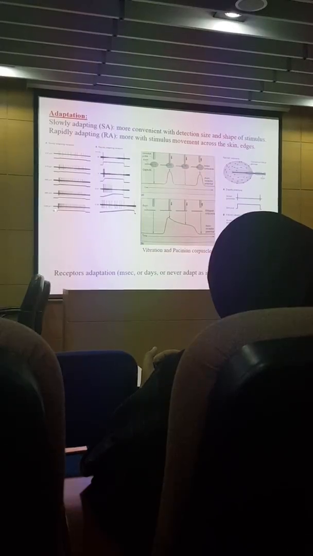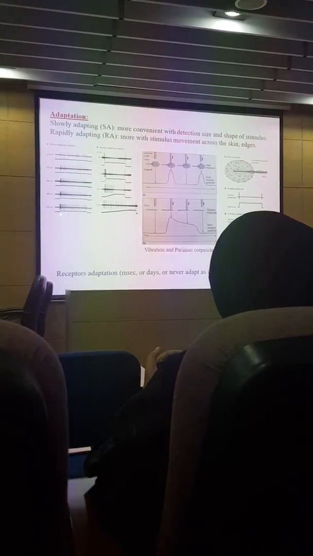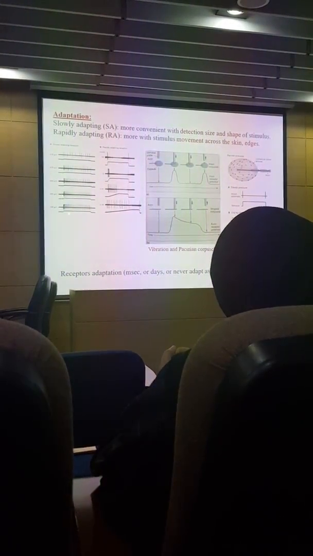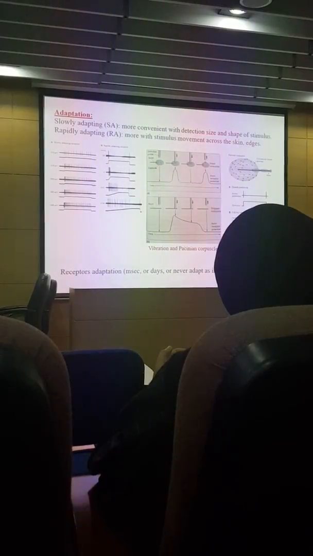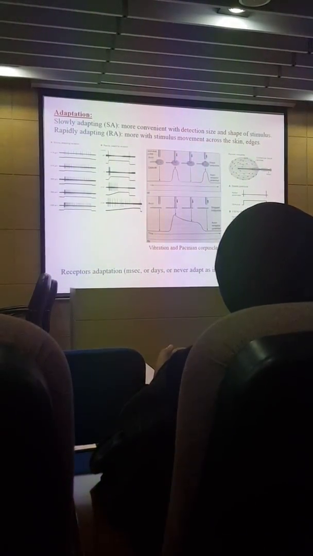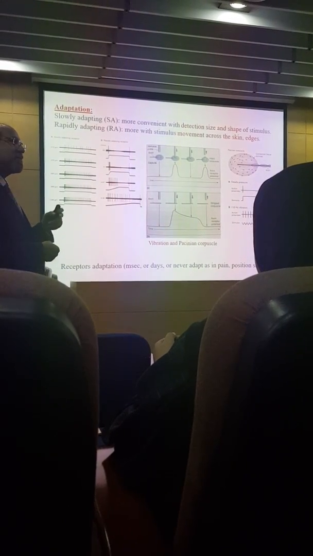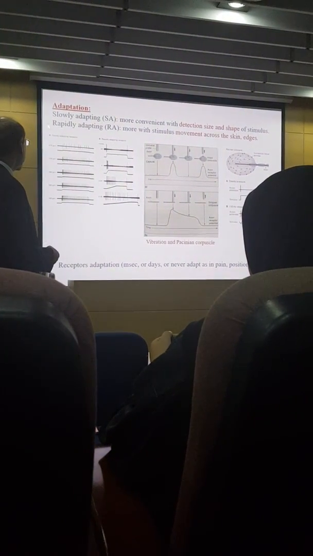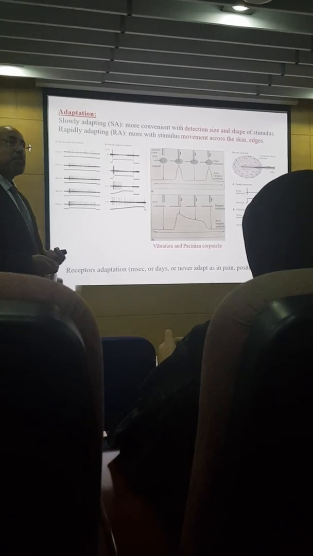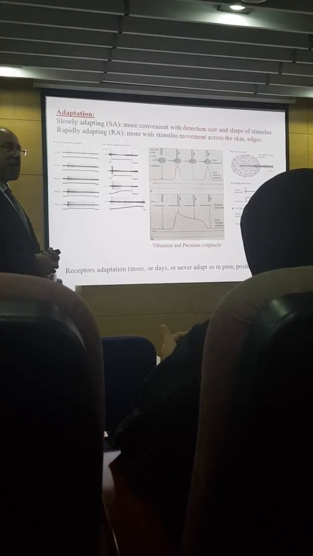So this stimulus is very hard pressure, and the number of impulses is very big. While if the stimulus is slow or light or weak, the number of action potentials is very much less.